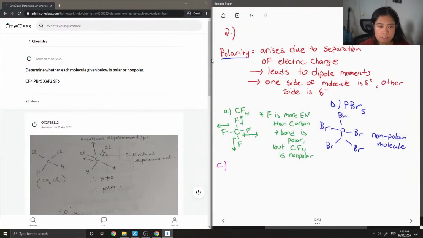Okay, let's look at the third one. Xenon F2. So here, there's going to be some lone pairs involved. But if I draw out the fluorines, they still cancel each other out like this.